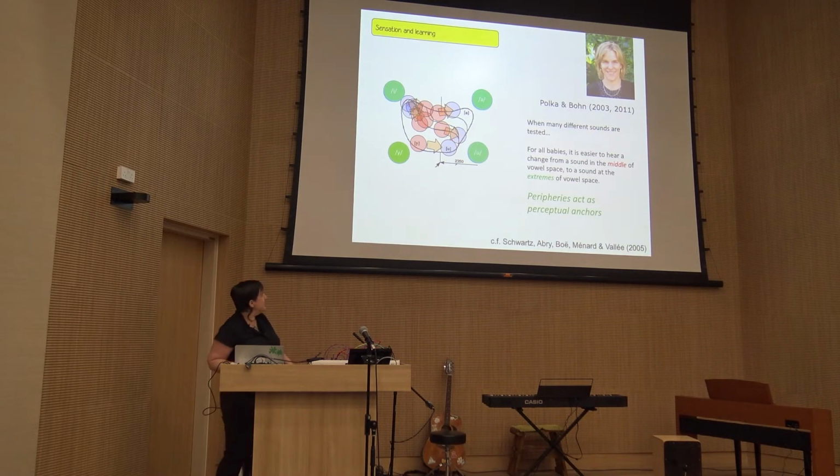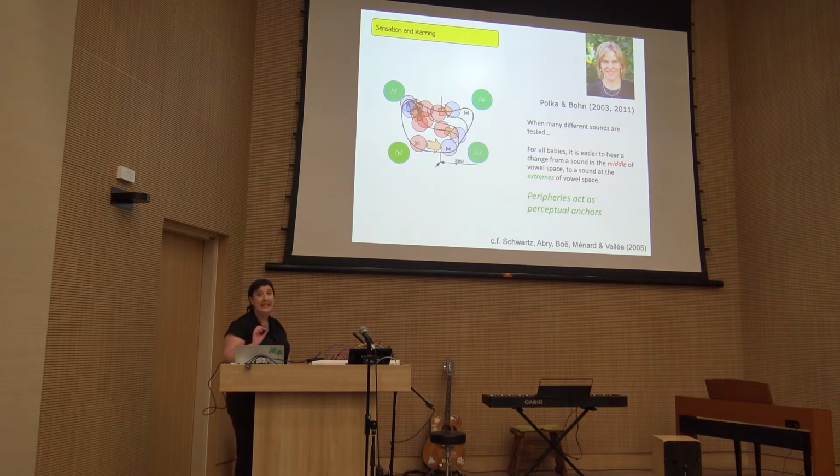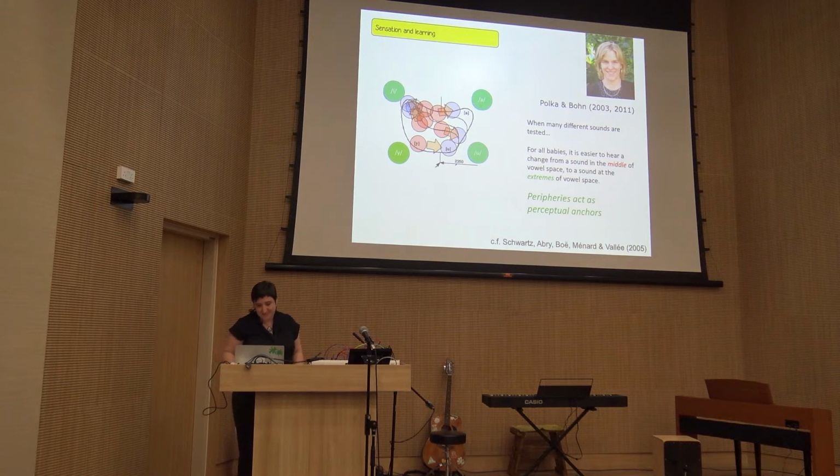And having continued this work for almost a decade, it turns out that the further towards the very, very corners of vowel space, the more likely a baby is going to be able to hear it. So this is that vowel triangle again, that E, R, U. These are the corners of the mouth. This is the most different we can make our own speech sound from itself. So the peripheries of human acoustic space are privileged in hearing for a newborn.